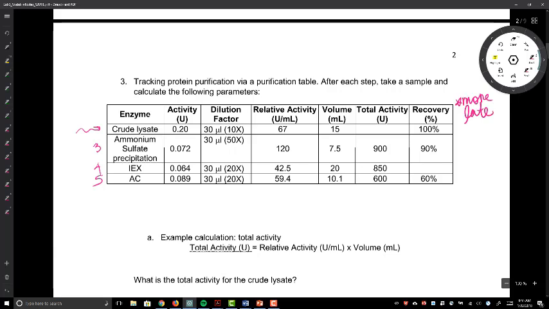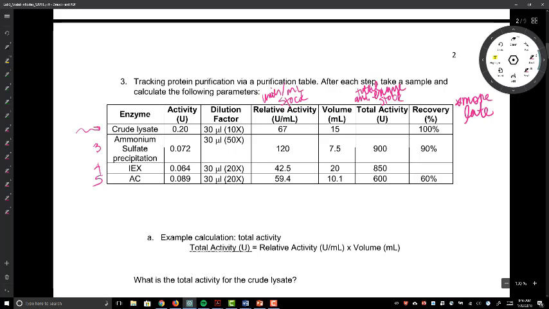You're going to keep track of the activity, the dilution factor, so that's the amount that you have to dilute your sample before you put it in the activity assay. Then you want to give the relative activity in units per mL, so this is the units per mL of your stock solution. And then we're going to measure the volume of each step, because then that will give you the total activity. So that'll give you the total amount of enzyme in your stock.